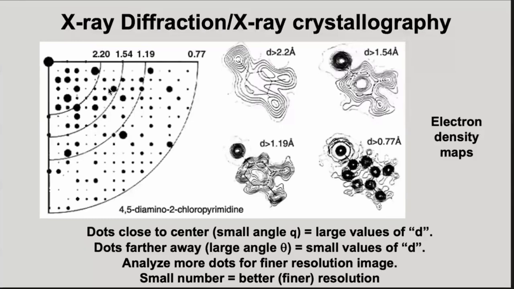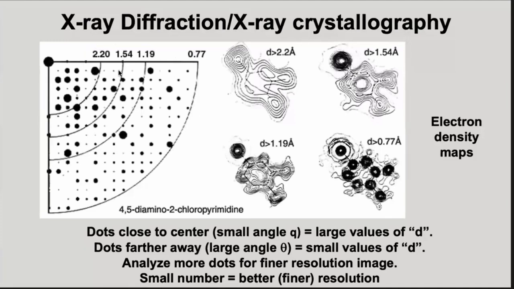Where the X-ray beam has been bent less, so the beam is closer to horizontal, closer to the center of the piece of film. If you plug a small value of theta into the Bragg equation, and you'll just have to take my word for this, you end up with a larger value of D, a larger space.